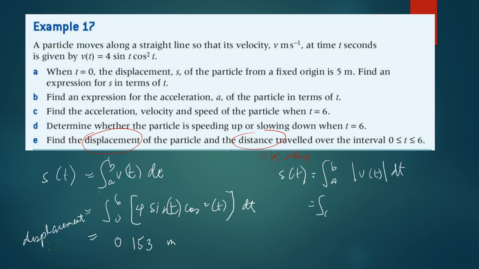In this case, we have the integral from 0 to 6 of the absolute value of 4 sin t cos squared t dt. Okay, this will give you 5.18 meters. If you don't know where to find the absolute value, it's in the catalog. I think that's next to number 9, the catalog is there.